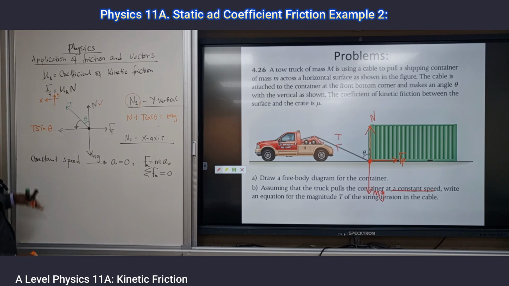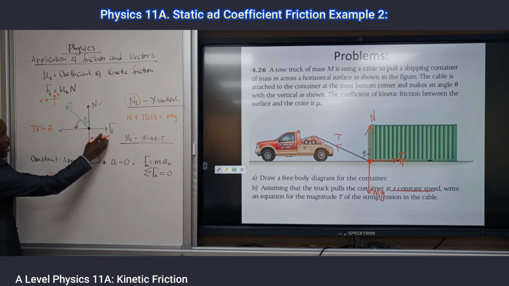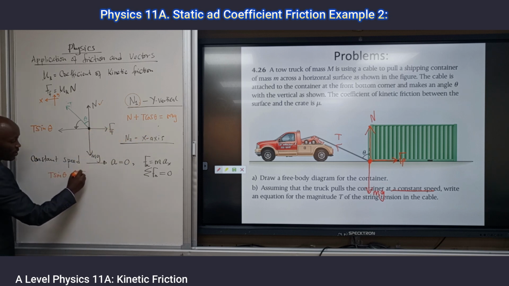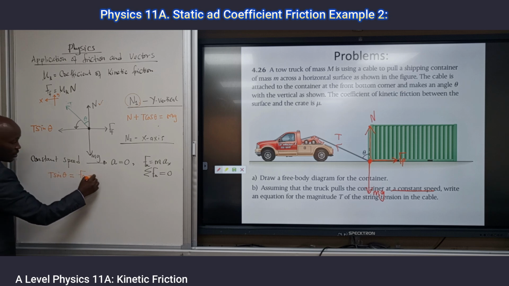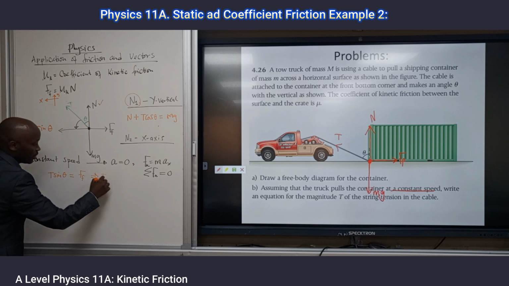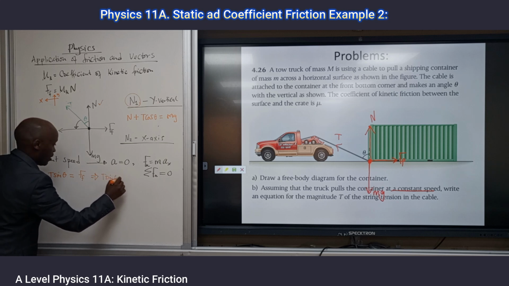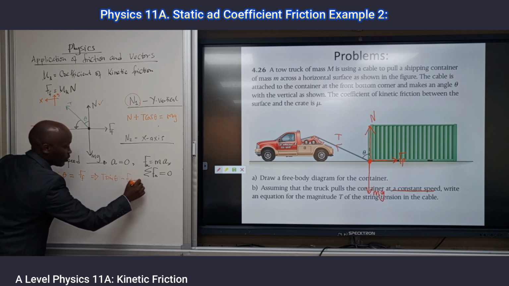So T sine theta, the only force we have to the left, is equal to the friction force behind. It's balancing. So T sine theta minus the friction force equals 0.